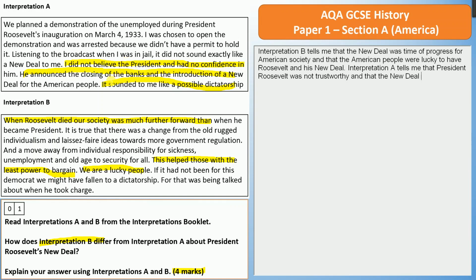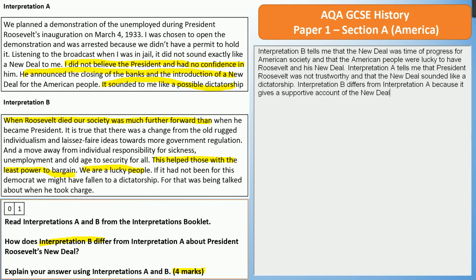Now the next thing I need to do is make a point about their differences, and I'm going to use direct words from the actual question. So how does interpretation B differ? So I'm going to use that phrase, interpretation B differs from interpretation A because it gives a supportive account of the New Deal, stating that the New Deal policies, and I'm going to use a quote now from the interpretation to really show the differences.